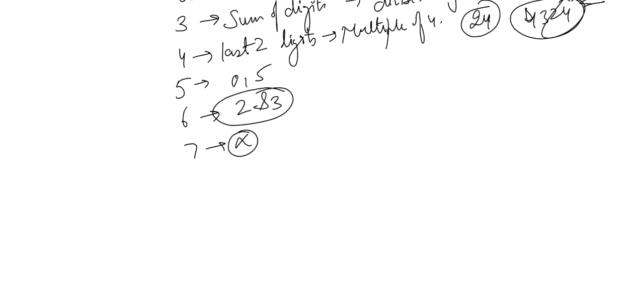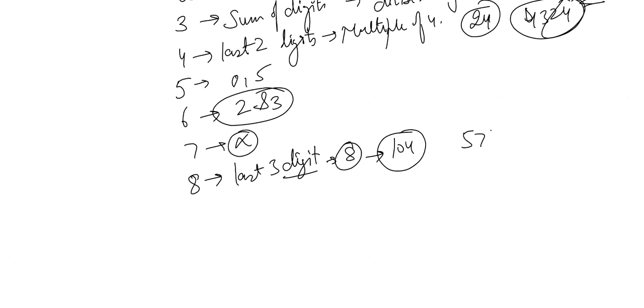For 8, the last 3 digits must be a multiple of 8. For example, 104 is a multiple of 8. So any number like 57104 would be a multiple of 8. For 9, the sum of digits must be a multiple of 9.